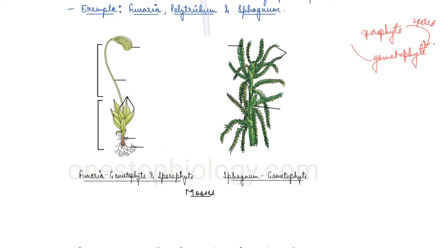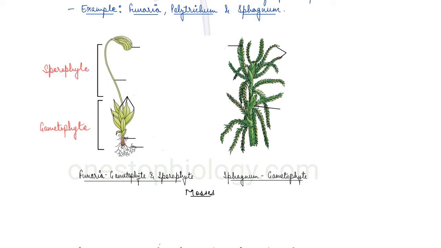Let me just erase this and we will study the labeled diagram as well. Okay, so in Funaria you can see that there are two stages, right? This is the gametophyte and this is the sporophyte.